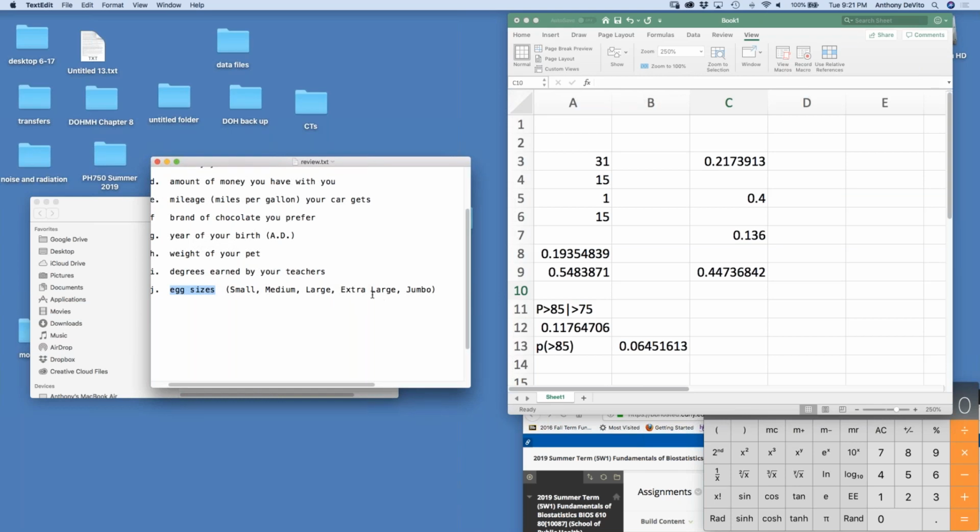We know jumbo is bigger than extra large is bigger than large is bigger than medium, and medium is bigger than small. Do I know whether one brand's, say Perdue's, large is maybe the same size as somebody else's extra large? There's no way for me to know that for sure. It may not be a consistent size, right?